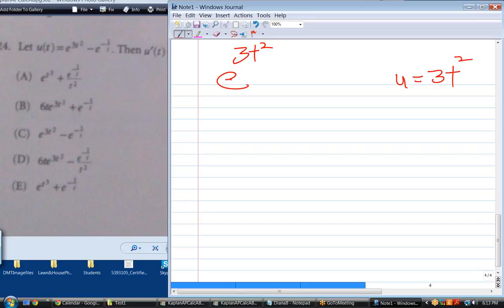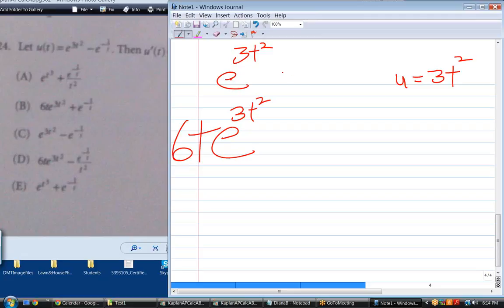Yeah. Because I can differentiate e to the u. E to the u is just e to the u, but here I'm going to have to multiply it by the derivative of the inside. So my answer is going to be e to the u times the derivative of that, which is 6t. So that's the derivative of that part.